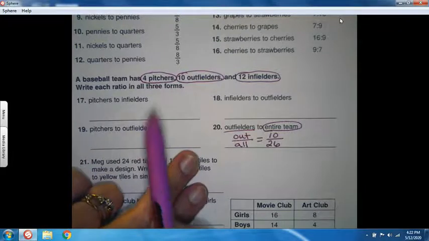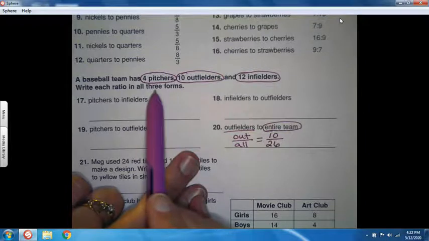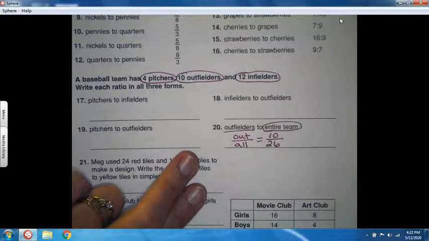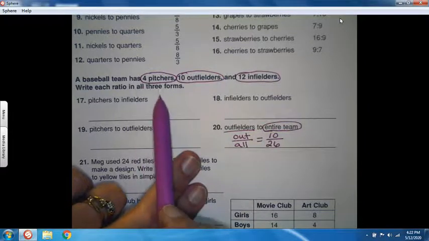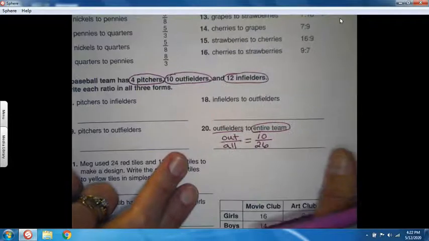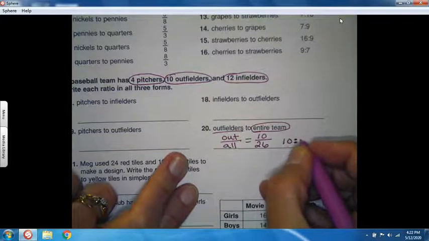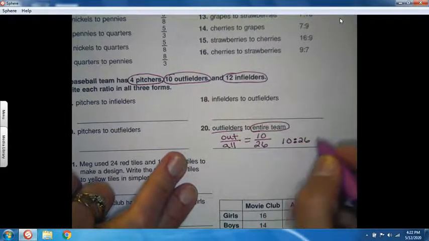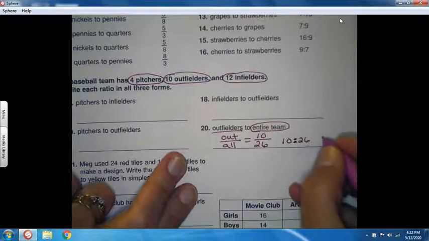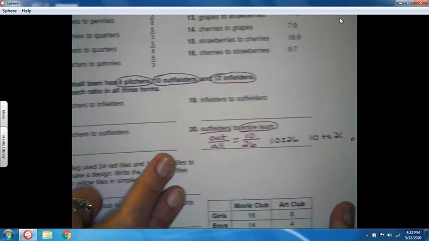Now it does say in the directions, write each ratio in all 3 forms. All 3 forms, don't forget that. It does say to simplify these, so don't worry about simplifying them, I guess. Normally they're going to have you simplify them, but it doesn't say that, so let's not. So you're going to write it as a fraction, as a colon, and also with the word to. Oops, went off the page.